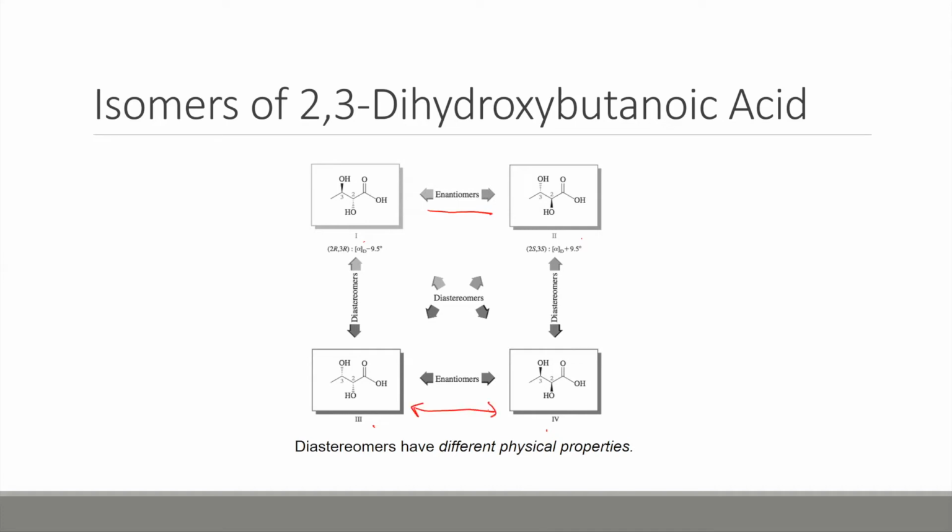Remember, enantiomers always come in pairs. So that means 1 is related to all other versions as a diastereomer. It is a diastereomer with compound 3 and also with compound 4. And that's true all around. So compound version 2 is a diastereomer to 4 and to 3.